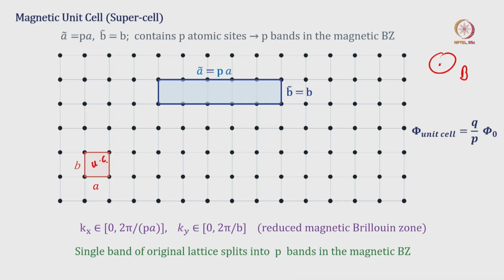and now, because we have a magnetic field and the vector potential depends on position coordinates, momentum is no longer a good quantum number. Then we made a gauge choice in which we can make a magnetic unit cell of length p along the x direction and the same one unit cell along the y direction.